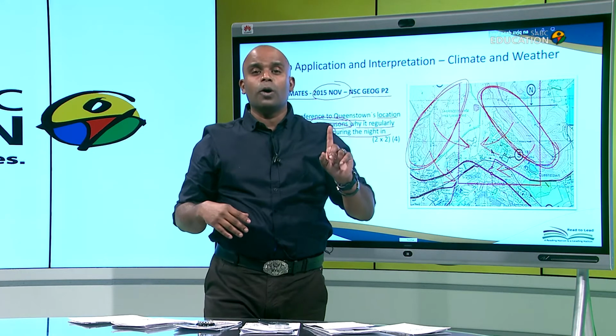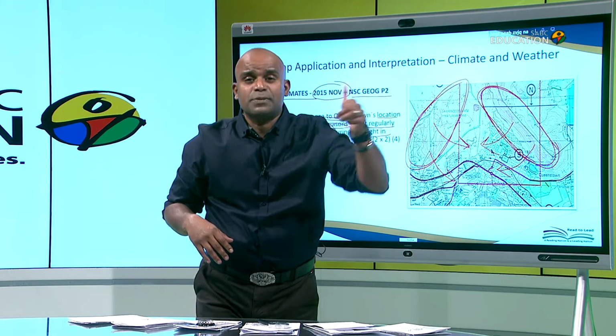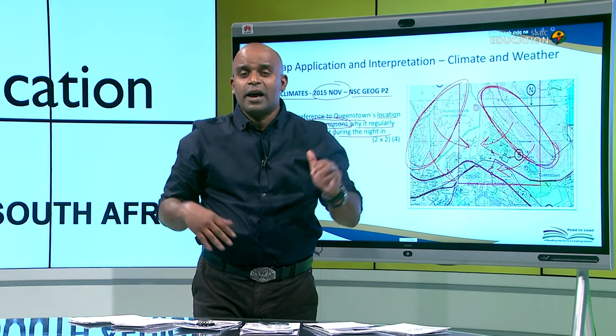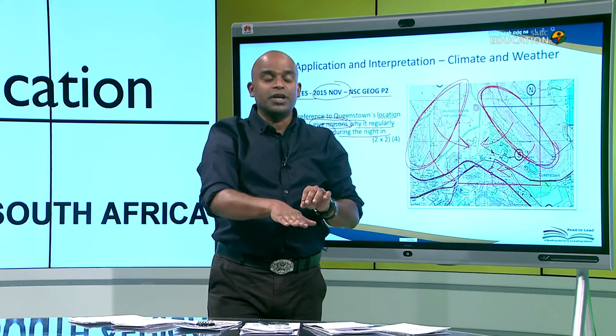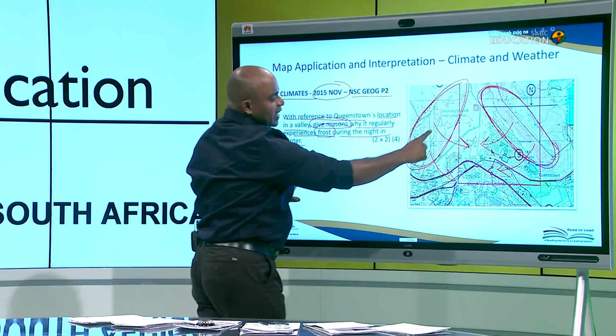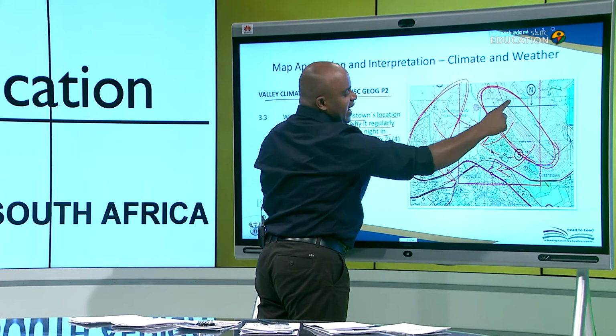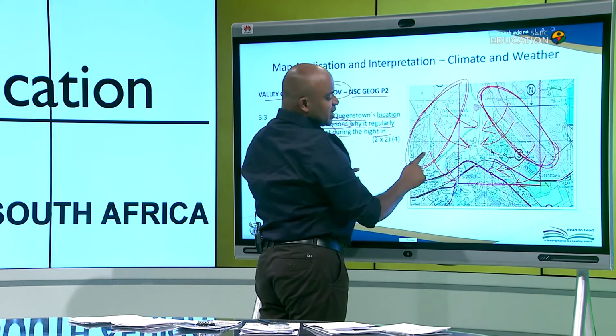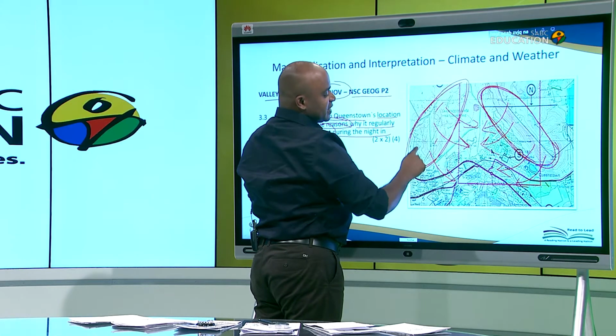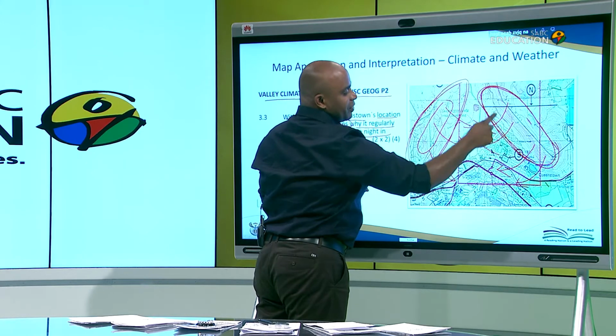We should know that at night you're experiencing katabatic winds or gravitational winds that flow down into the valley. In this particular example, note the air is moving downslope from the highest point. These highest points are determined by raster data on the color of the map.